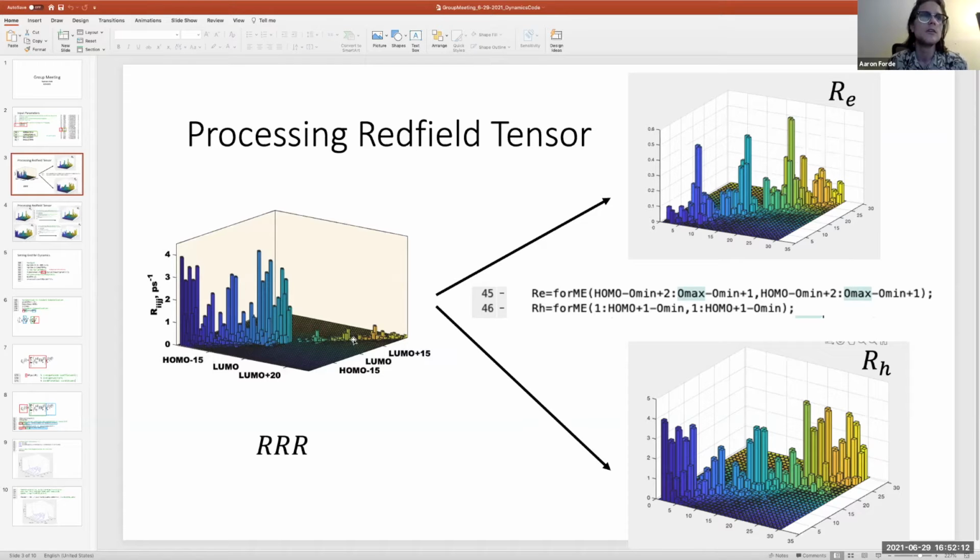These little bars on the right-hand side get processed into the top panel, RE, which is shown in the code. It just extracts the information that's useful. And these tall blue bars are turned into an RH file.